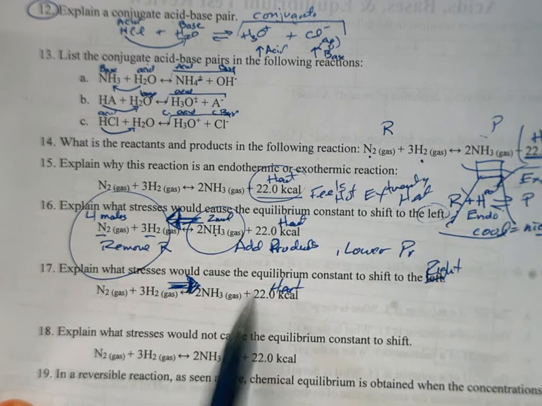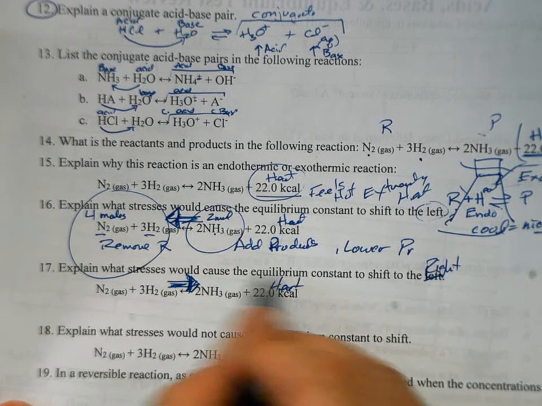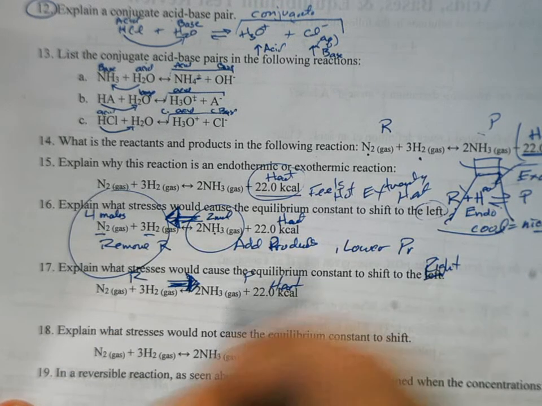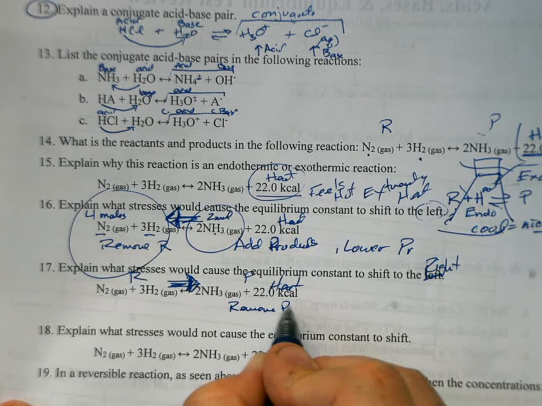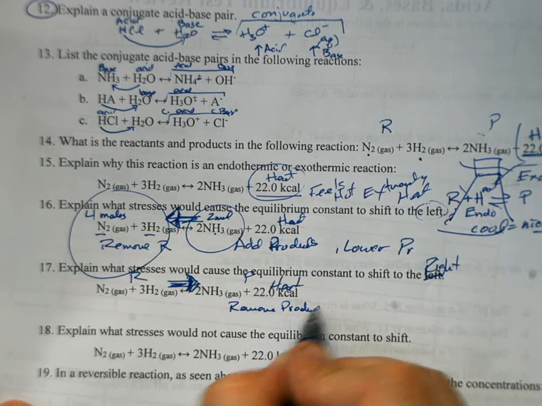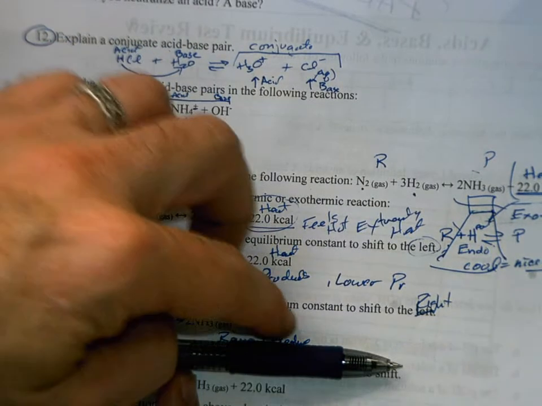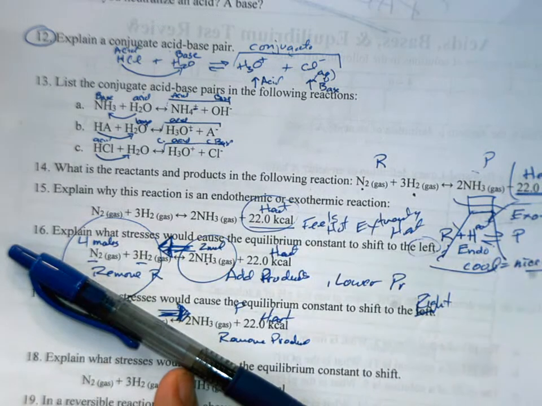So we want the reaction to go this way. Well, if we want the reaction to go this way, we need to remove what's on this side. So I'm going to label this as reactants and products. So we're going to remove products. So we take this away. If we use the teeter-totter, if we take away something here, now look at the scale, this little balance dips down. That's not shifting to the right.